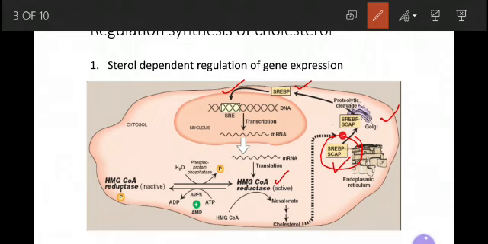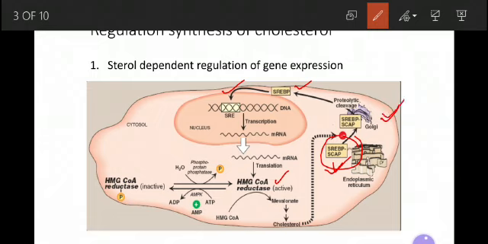So come to the topic. When cholesterol is high, what happens? The INSIG will bind here, and what is the action of this bound INSIG? It will not allow this complex to move to the Golgi, right?